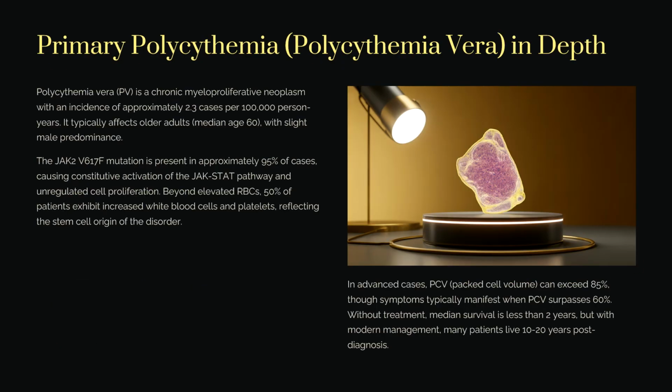Now we will take a look at polycythemia vera in depth. It is a chronic myeloproliferative neoplasm. Myeloproliferative means there is multiple proliferation in the cell; the cell is growing very fast.